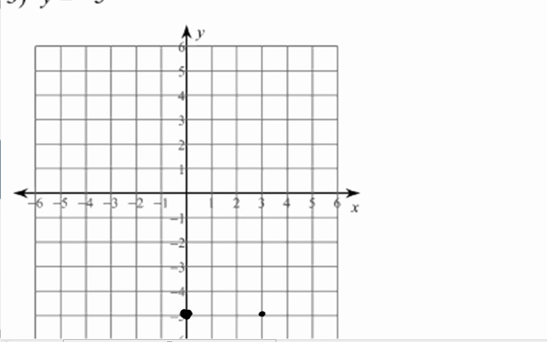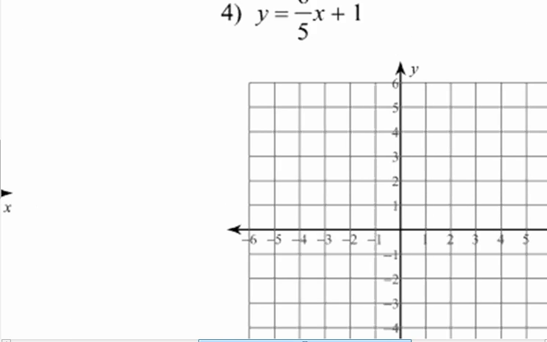It's -5 here, and here, and here, and here, and here, and everywhere in between. So this function is just a straight line through y equals -5. Now, if we were looking at x equals something, it's going to be a vertical line through that point. And that will come up later on the worksheet.